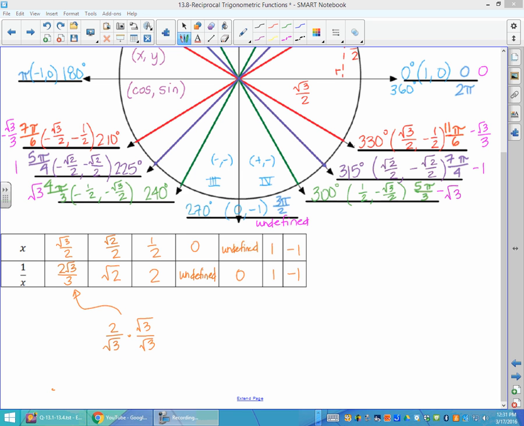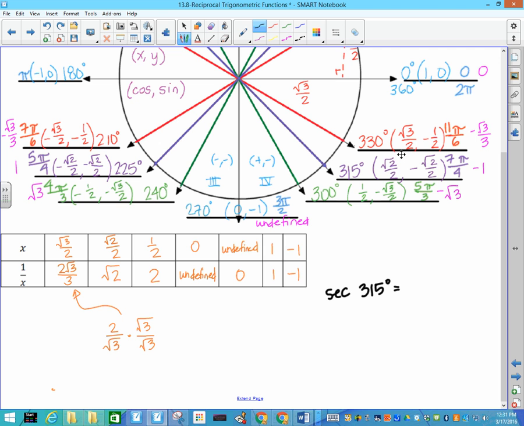Then if she gives me a problem, asking me to calculate what the secant of 315 degrees is, you're going to go to 315. Secant is 1 over the cosine. That's this number, and 1 over that number, I'm going to already have written down, so I don't have to do calculations of simplifying radicals or anything of that sort.